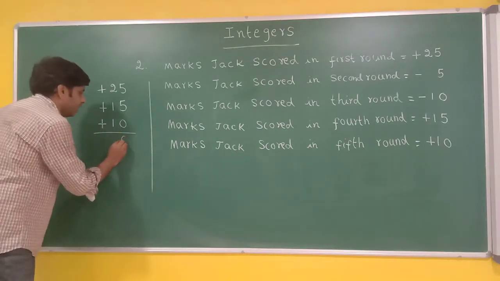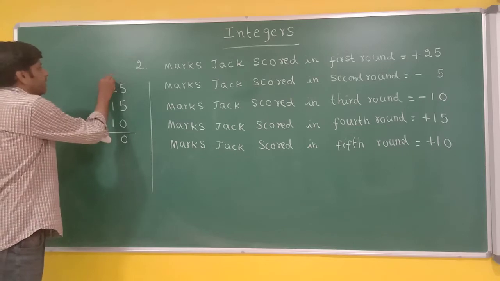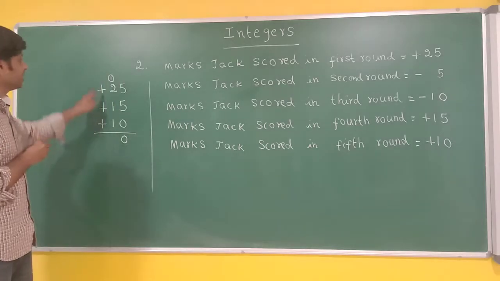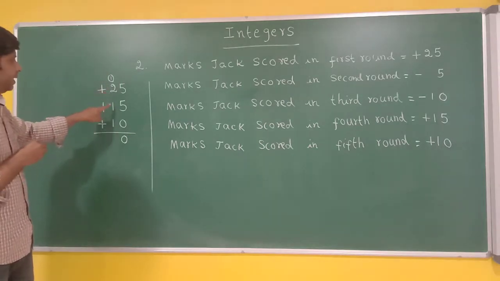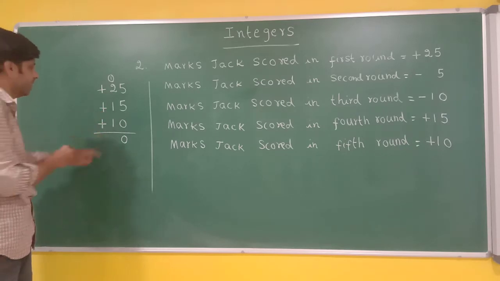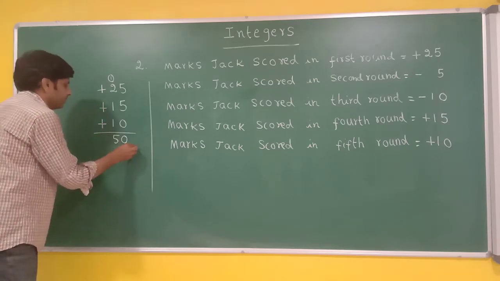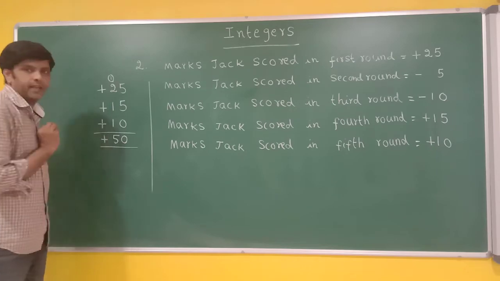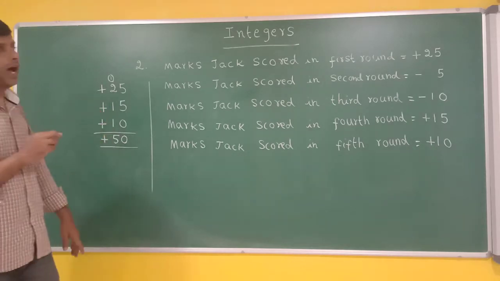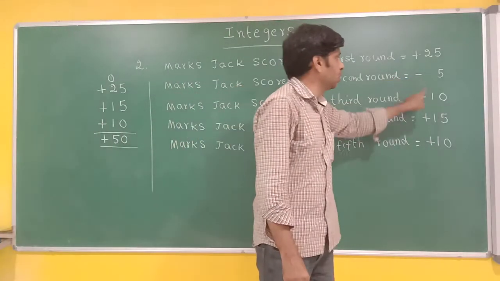So 0 in the 1's place, 1 is carried to the 10's place. 1 plus 2 is 3, 3 plus 1 is 4, 4 plus 1 is 5. Plus 50.